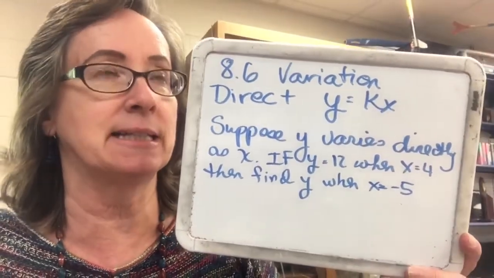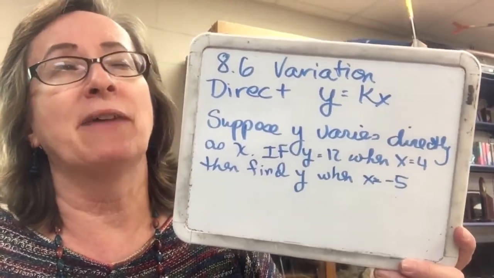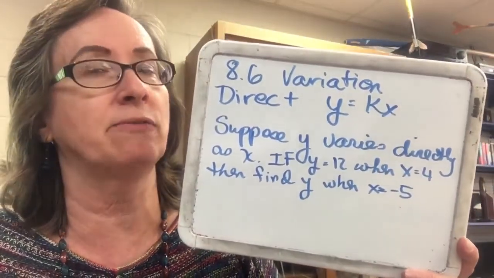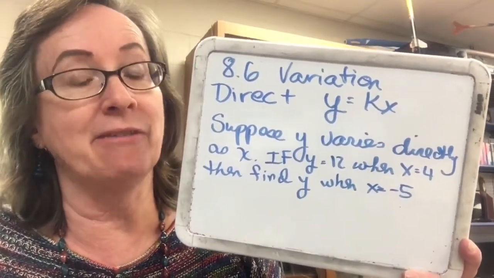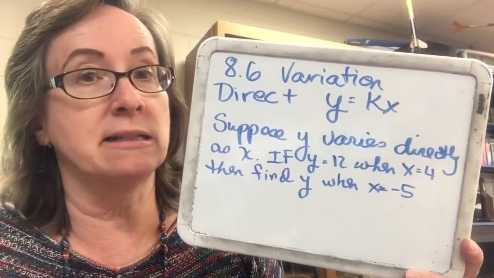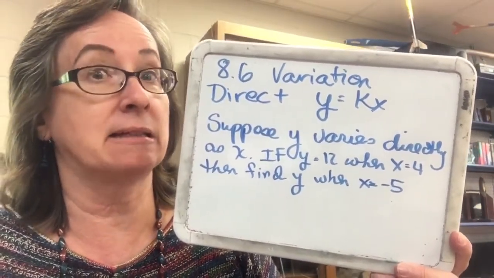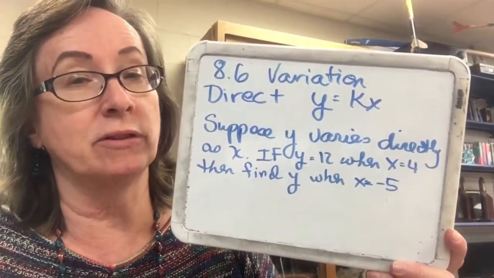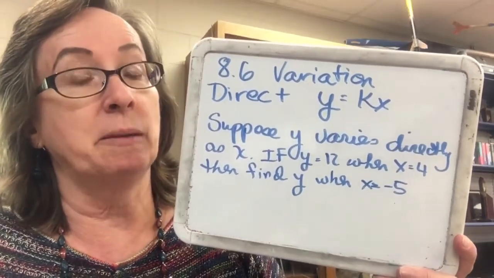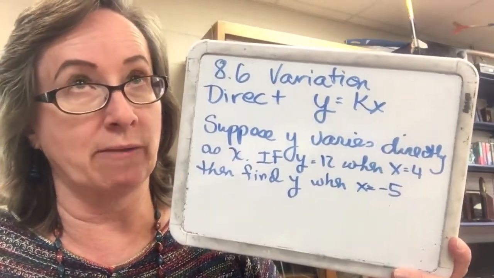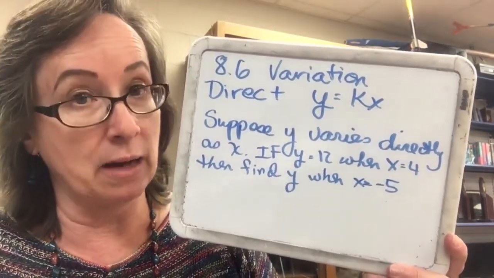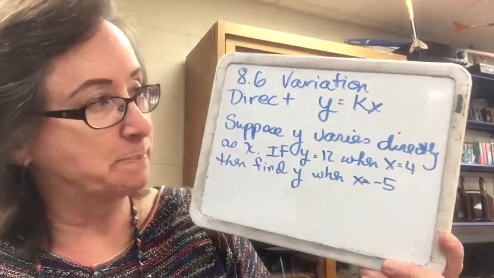If I were going to say distance is rate times time, which it is, that is a direct variation, because if I am going a certain constant speed, like 60 miles an hour, and I travel for 2 hours, you know exactly the distance I will travel is going to be 120. So if I travel for 3 hours at 60 miles an hour, I'm going to travel 180 miles towards my destination.